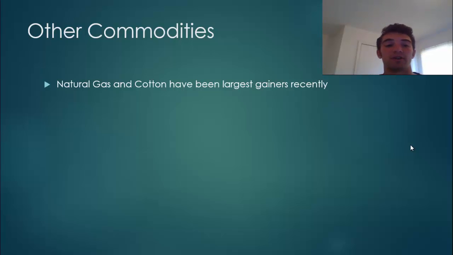And then recently, the commodities that have done well are natural gas and cotton. Cotton has had pretty steady demand. For natural gas, what happened was in 2007 and 2008, the price per 1,000 cubic feet went from $20 to $2. This massive drop in price made the demand go up because coal didn't change.